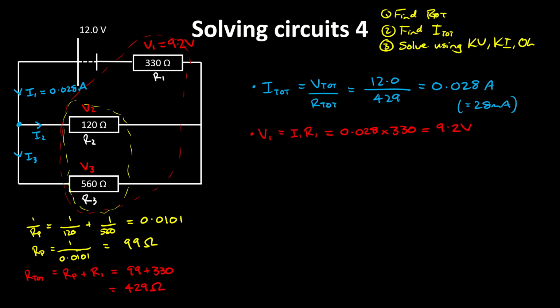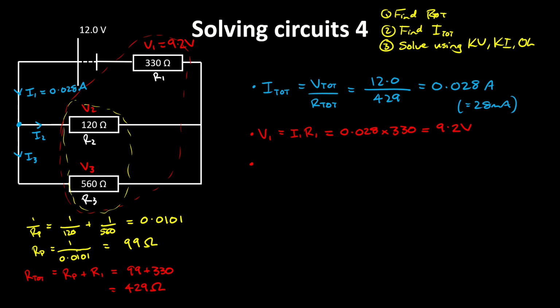Then we look at what else we can figure out. Now we've got two currents that we don't know and two voltages that we don't know. The next thing we can do is figure out the other voltages. Actually, we can figure them out together, because anything in parallel will have the same voltage.